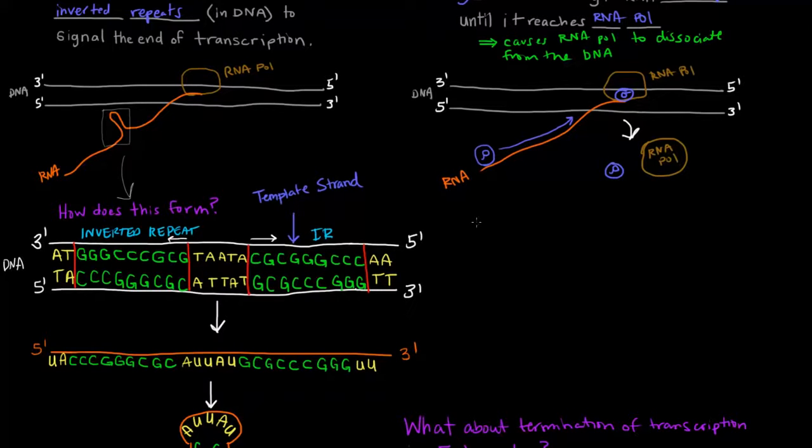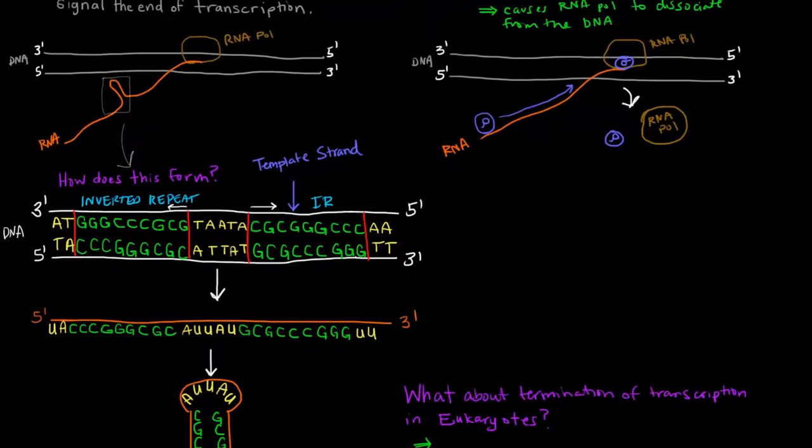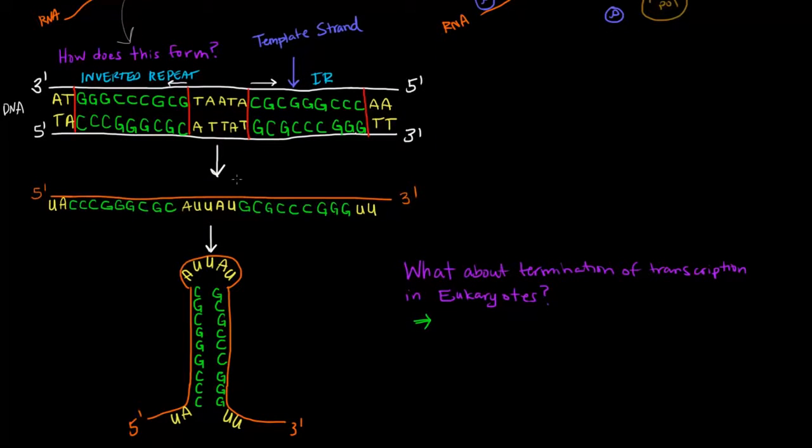So what happens when this template strand is transcribed into RNA? Well, this is what we get. We get this RNA strand, and it has these inverted repeats that are bound by the red lines here and written in green. So what happens here is that the strand sort of bends on itself.